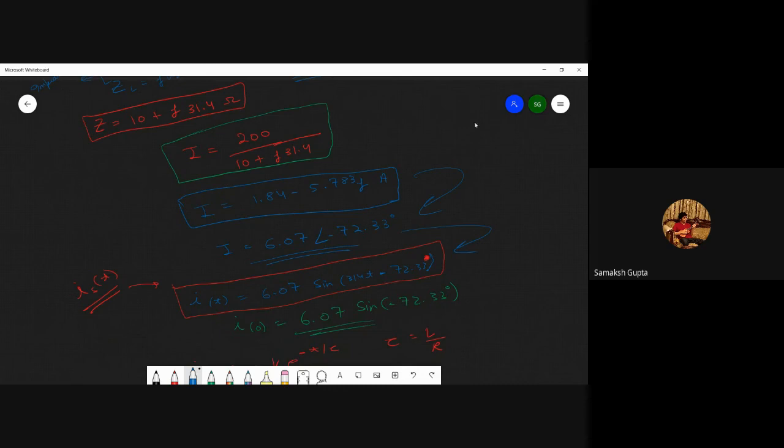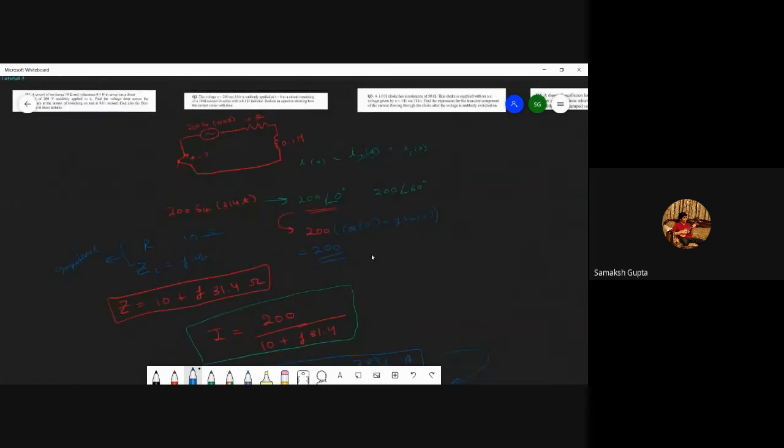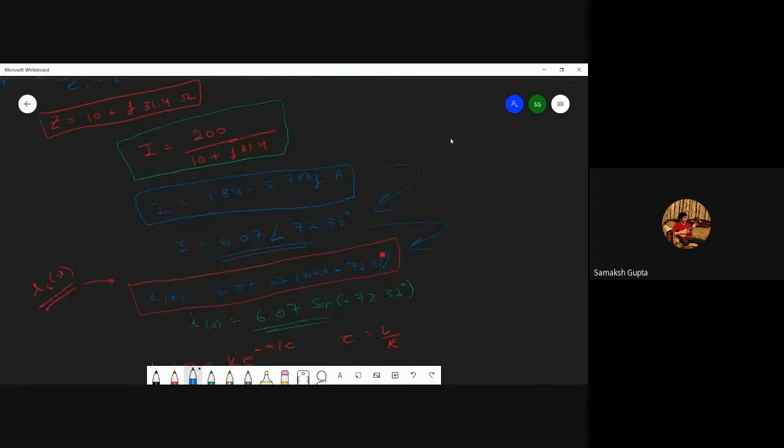When we started with the sine function, I ignored the omega part and I only took the amplitude and the phase of the signal. So similarly over here we have the amplitude, which is 6.07, and we have the phase of the signal, and we'll just use the same operating frequency which we are given. And since we started with sine, we have to use sine over here only.